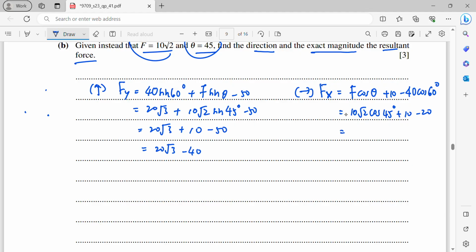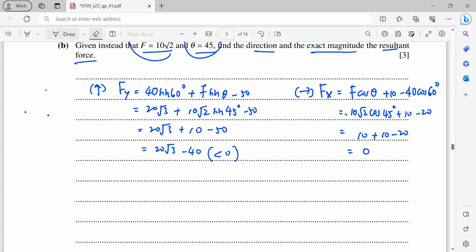Therefore, here it is going to be 10 plus 10 minus 20. I'm getting 0. Okay, so now you have to check whether this Fy is positive or negative. When you calculate 20 root 3 minus 40, this is less than 0. It's a negative force.